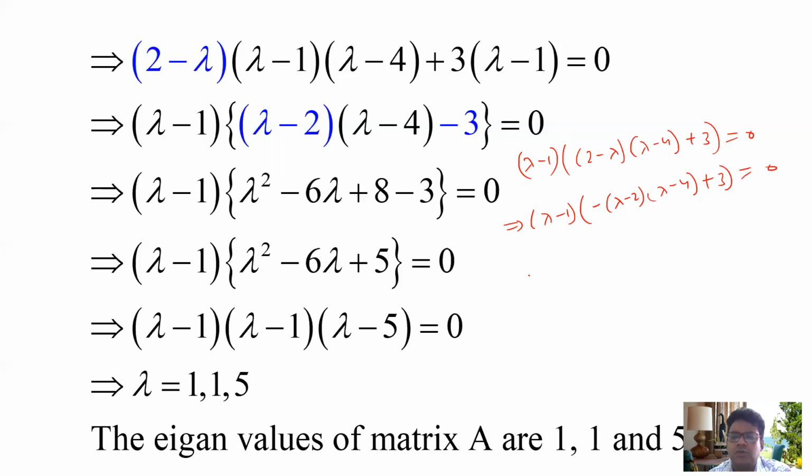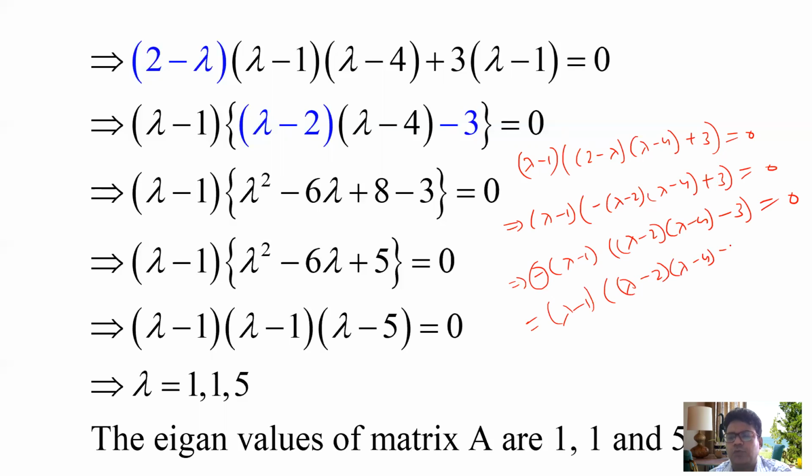In the next line, the negative sign is absorbed, so ultimately we have (lambda minus 1)[(lambda minus 2)(lambda minus 4) minus 3] equals 0. This is the logic behind this.